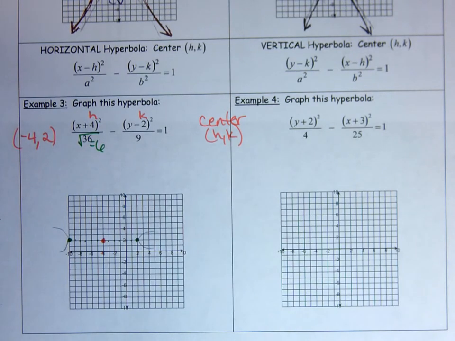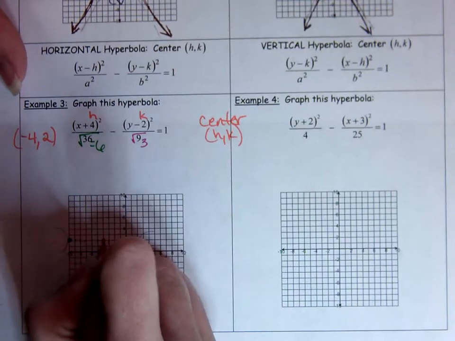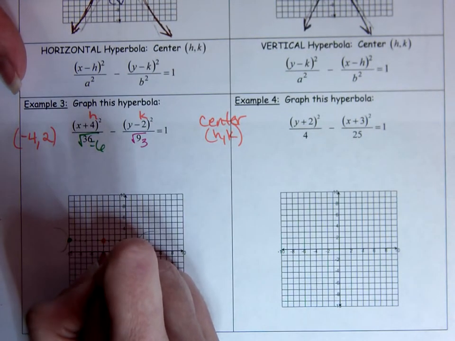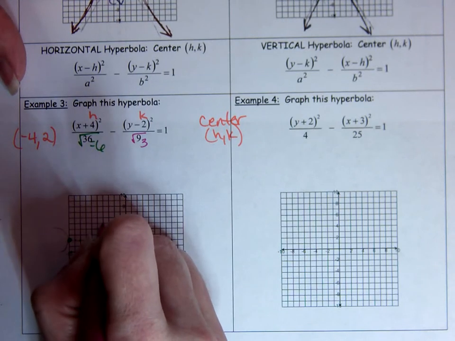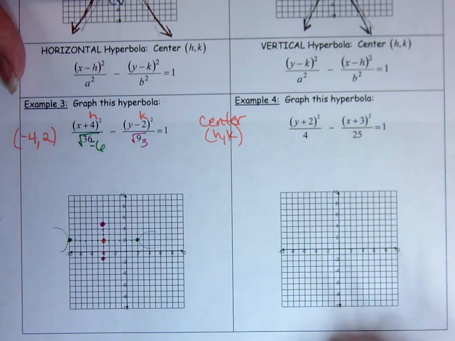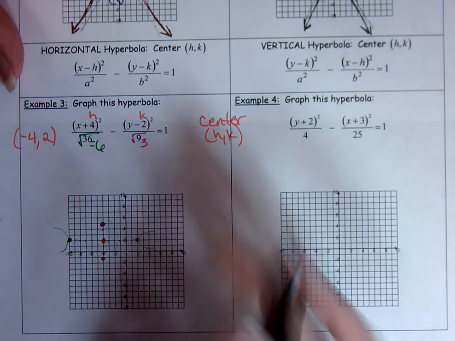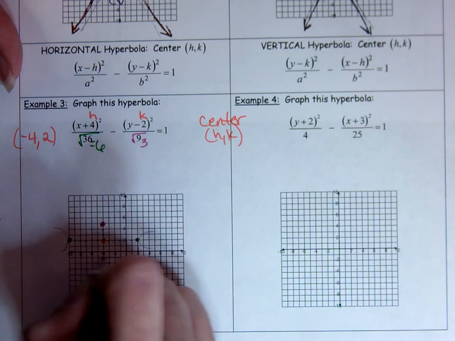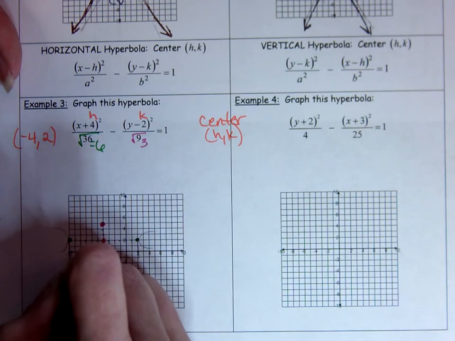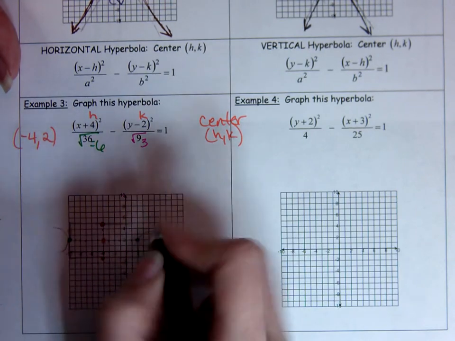And we're going to go pick up our y value at 3 from the center. 1, 2, 3. So now we know where the sides are for our rectangle. Just follow it down, over, back across.